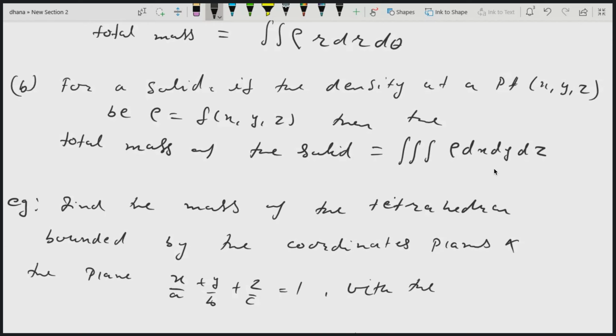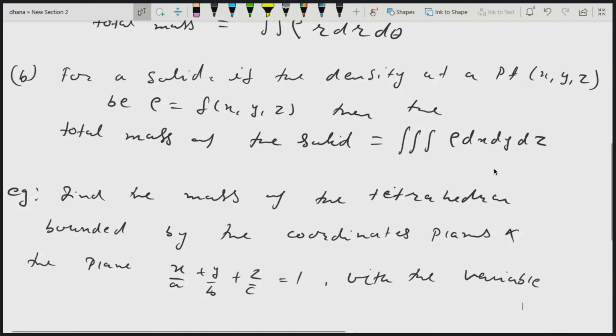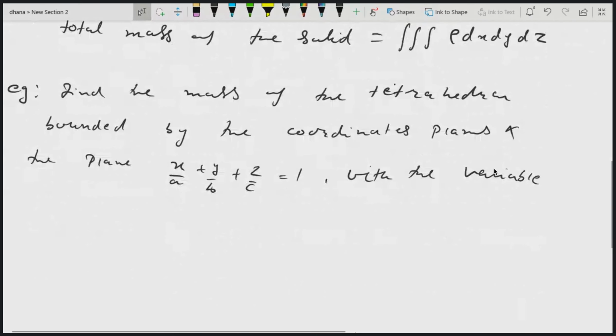Here the problem will be of two kinds: the density will be either a variable or a constant. With the variable density, here I'm taking rho given as mu x, y, z. So let us see the solution for this one.